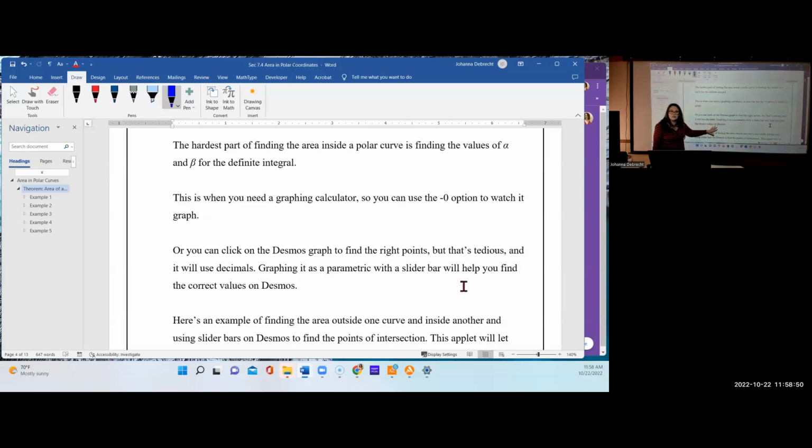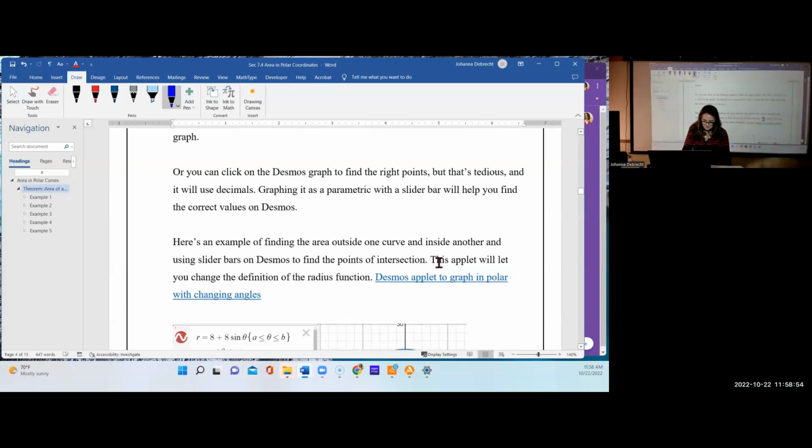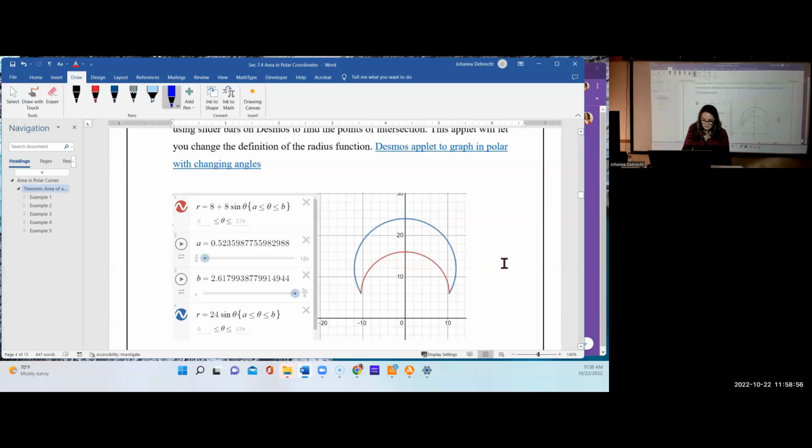Now, it can be a little tricky, so sometimes having a slider bar will help you find the correct values. This is an applet that might help you a little bit, and you can see the directions right here for how to create it.